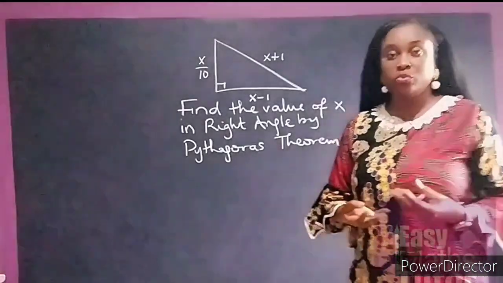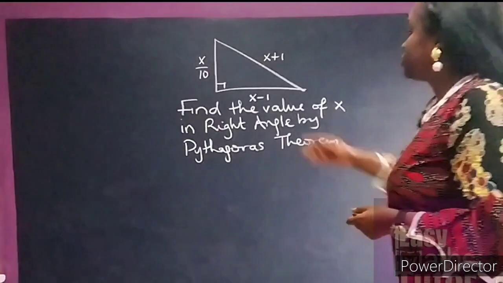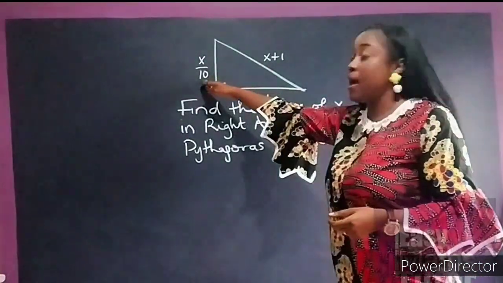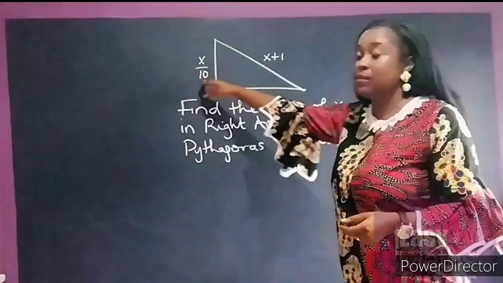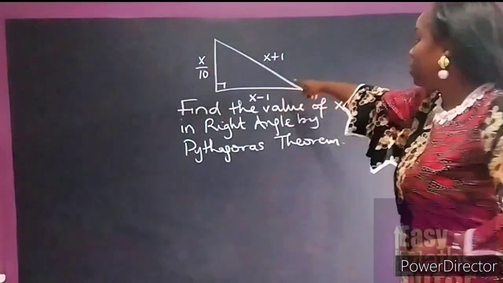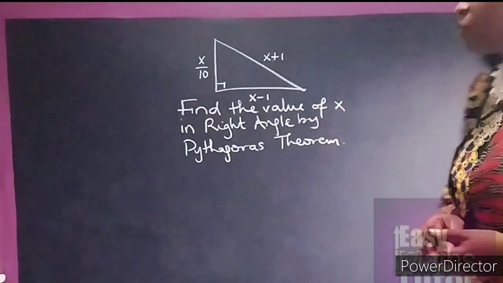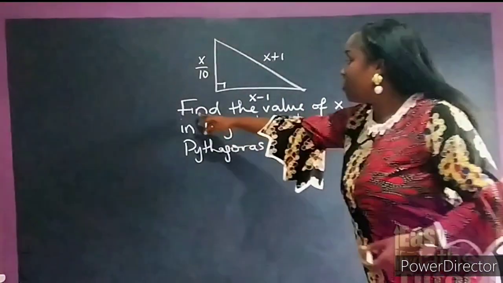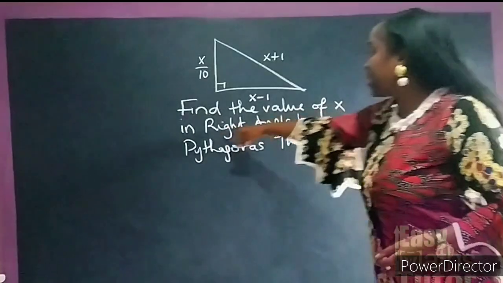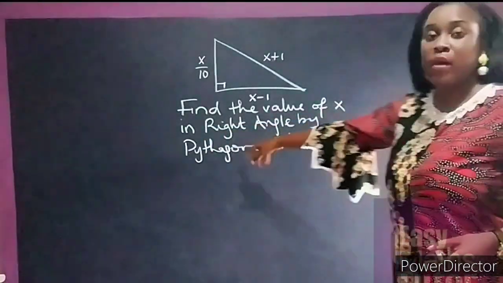X is an unknown number that has different values, alright? So the right side is x over 10, the bottom or the adjacent is x minus 1, while the hypotenuse is x plus 1. So our question today is, find the value of x in the right angle triangle by Pythagorean theorem.